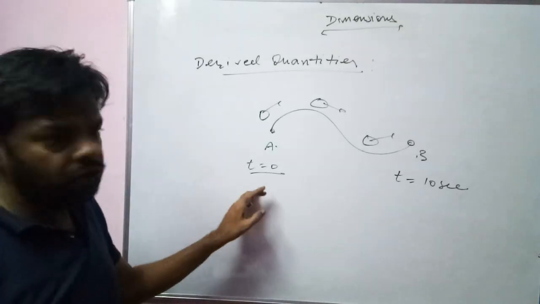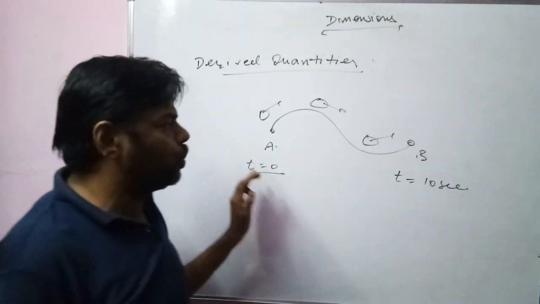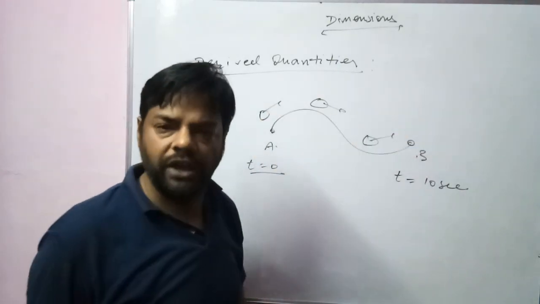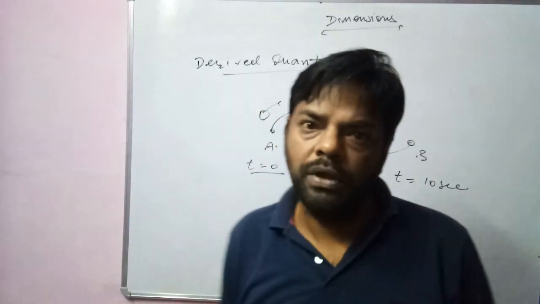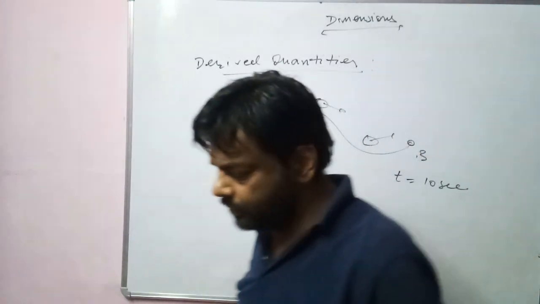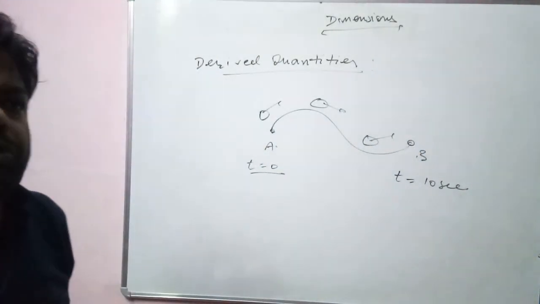That means, friends, the time taken by the body to go from A to B via this path is 10 seconds. Now, with this much data available on the board, can you calculate the speed of the body?